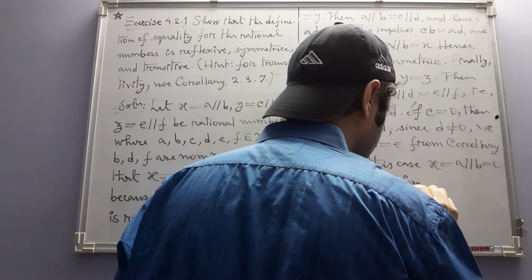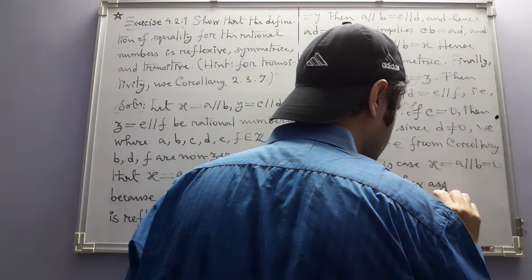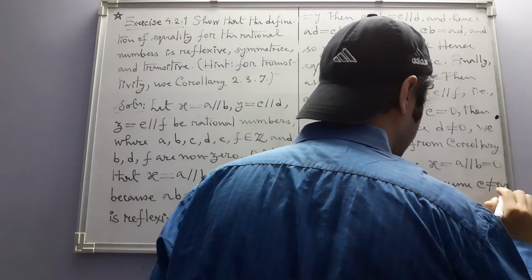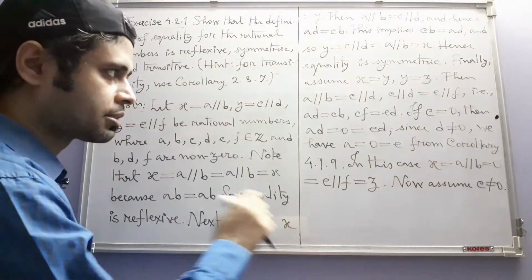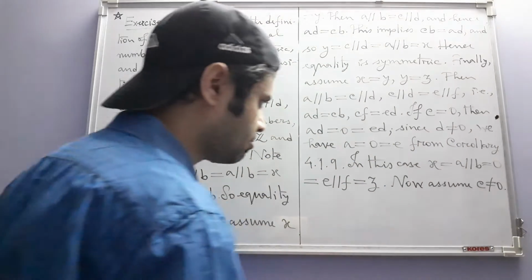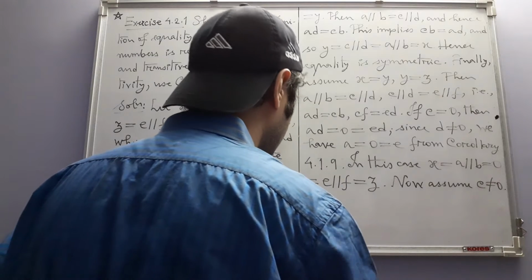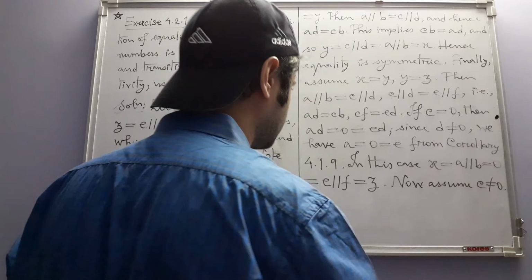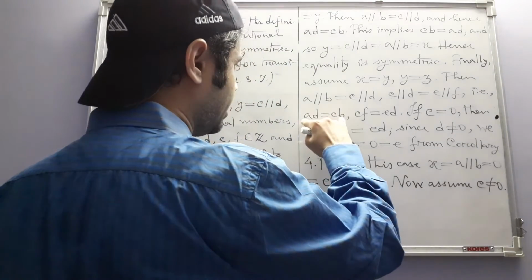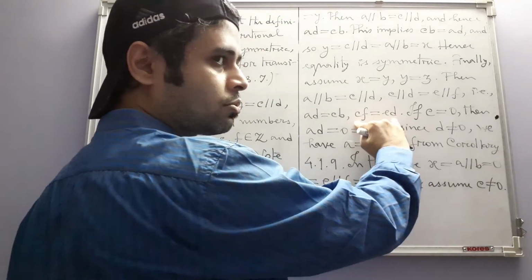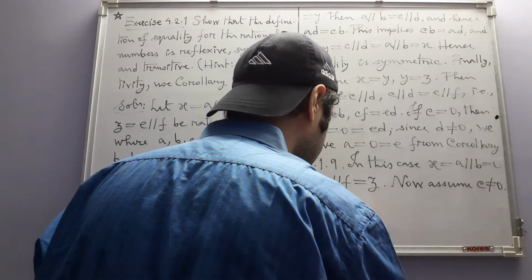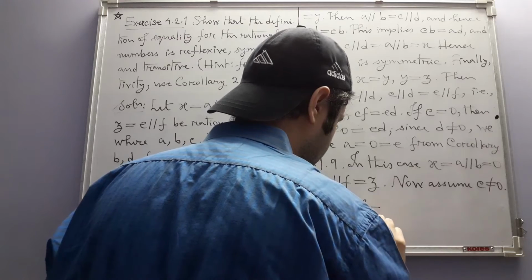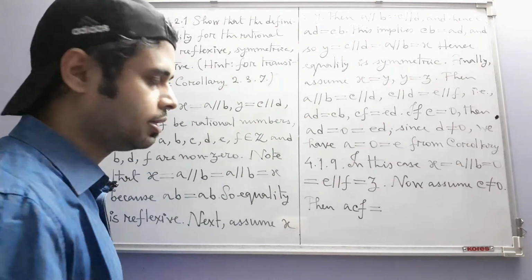Now next, assume that c is not equal to 0. We have already seen the case where c is 0. Now we have to consider the case where c is non-zero. Then, okay, so we have these two equations to work with. What we do is this: say we try to calculate acf.